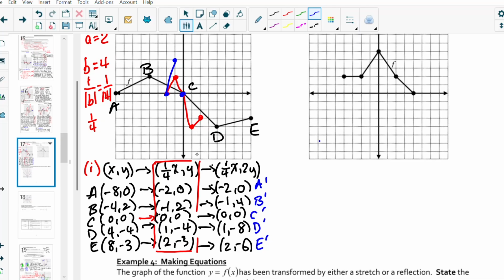So 4, 5, 6, 7, 8. 1, negative 8. Okay, and then 2, negative 6. 2, 1, 2, 3, 4, 5, negative 6. Okay, so that's A prime, B prime, C prime, D prime, E prime. Okay?